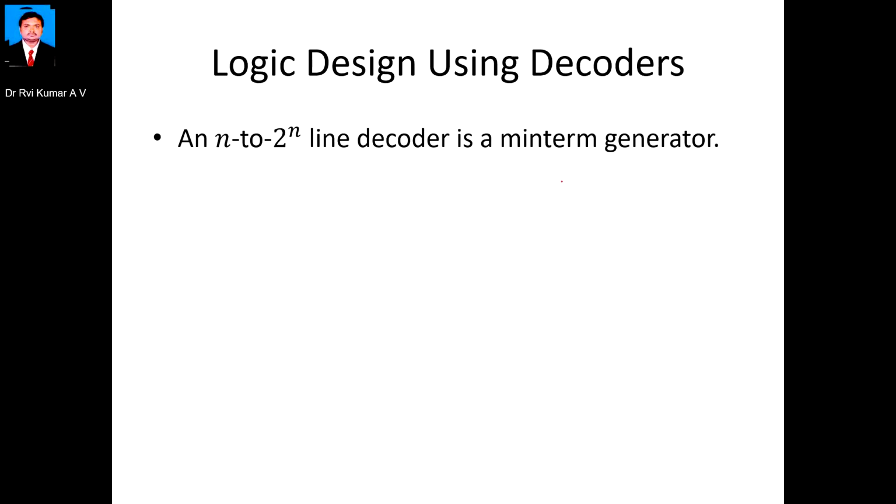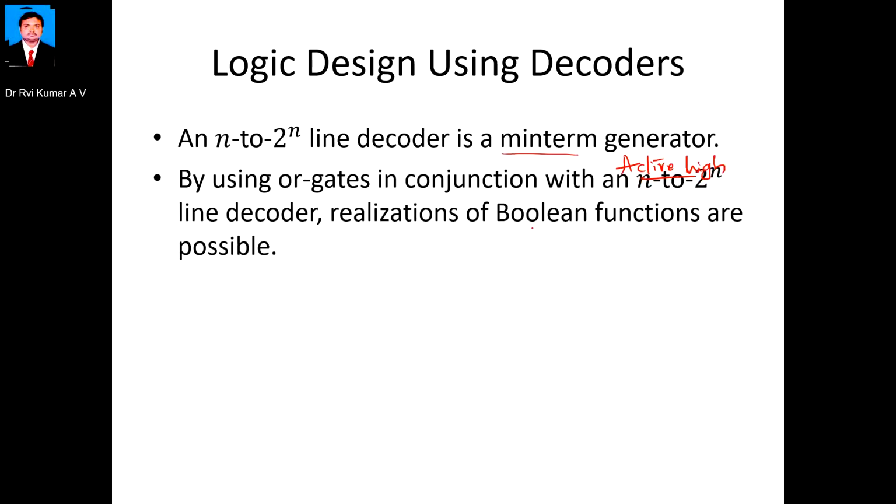It means that outputs are min-terms, and it is an active high output. So that's what we call a min-term generator. In this case we are using OR gates in conjunction with an n to 2 power n line decoder. Realization of Boolean functions is possible.